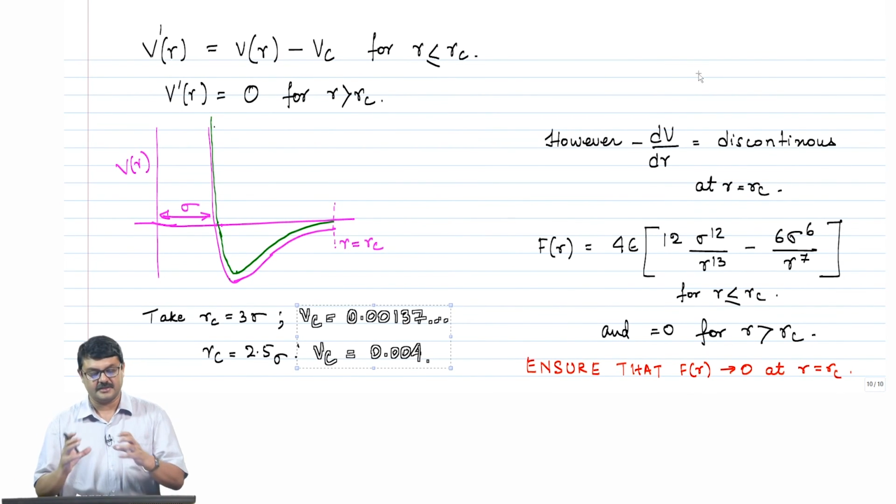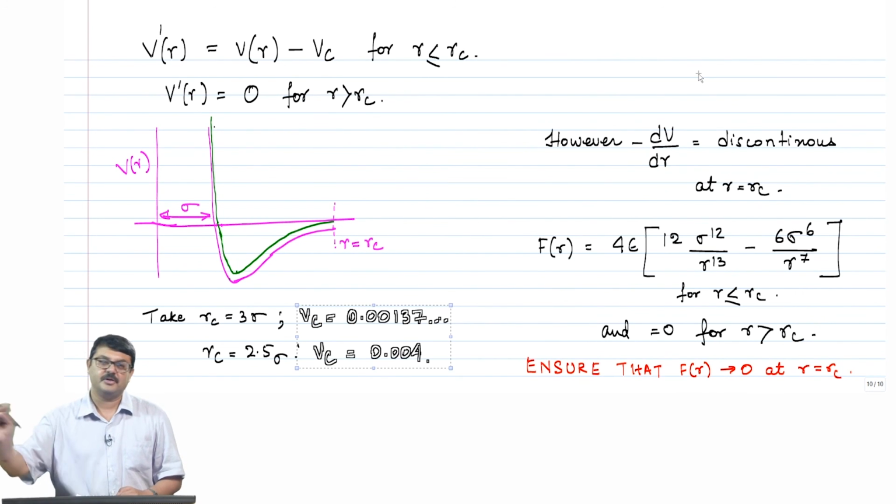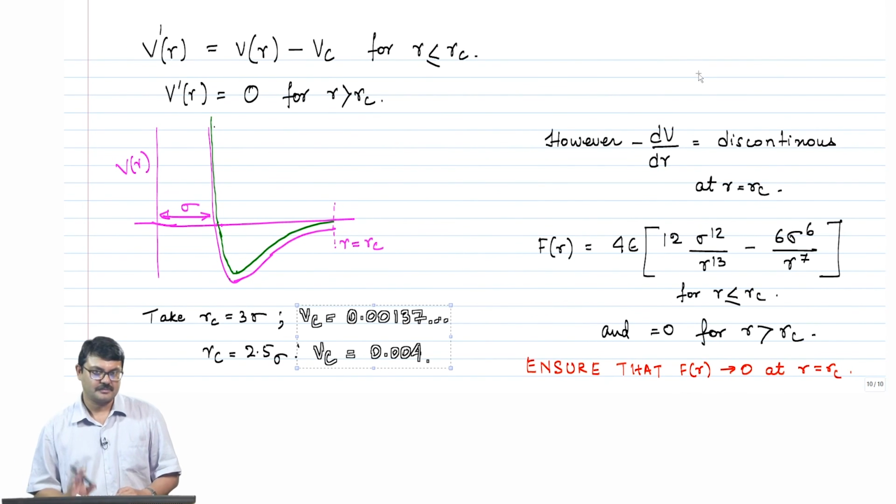So, if two particles are close together, they feel a repulsion. As they go farther apart, they feel some attraction, but as they go farther and farther apart, the interaction between the particles becomes weaker, and at r equal to R c it becomes 0, and beyond that it remains 0.